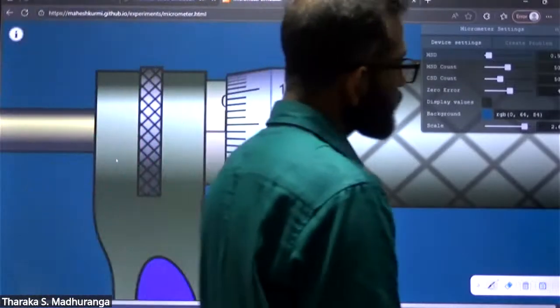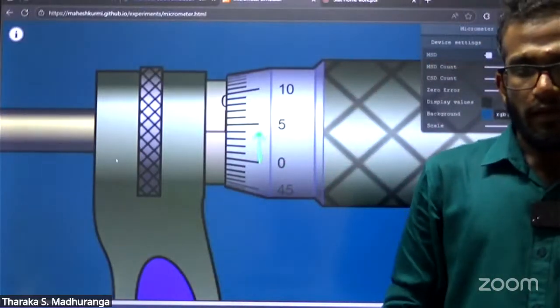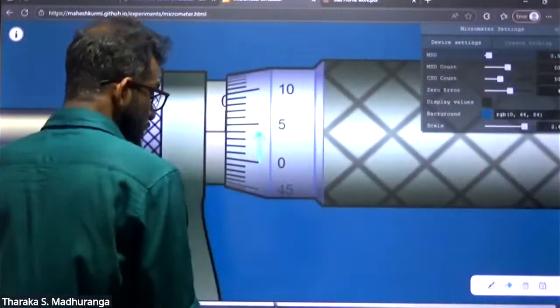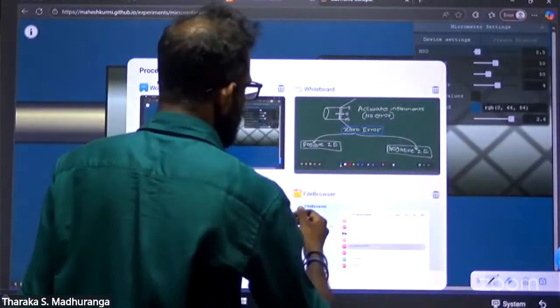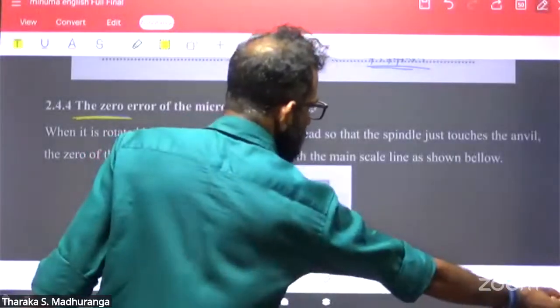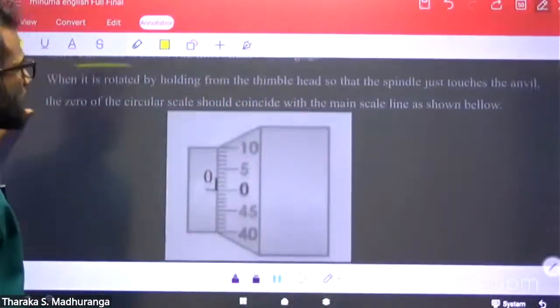I got the positive zero error. Good. Okay, it is given here.